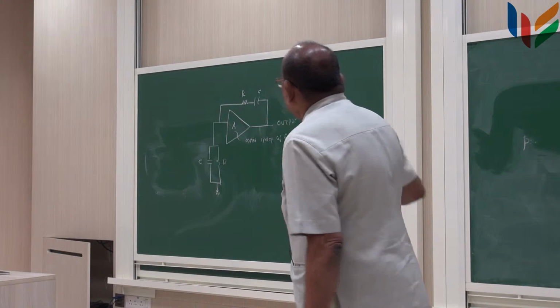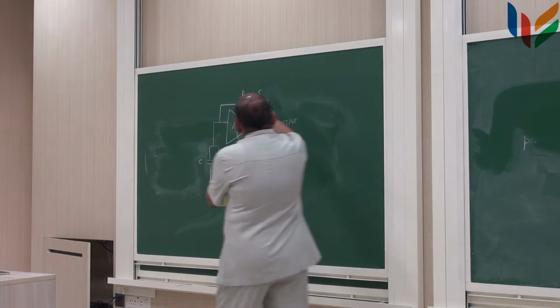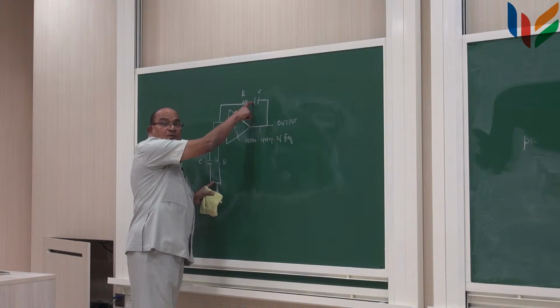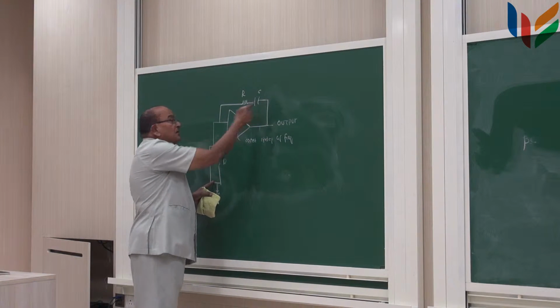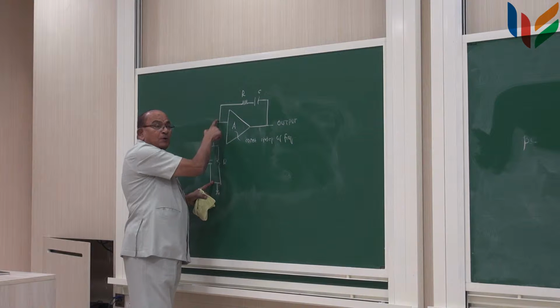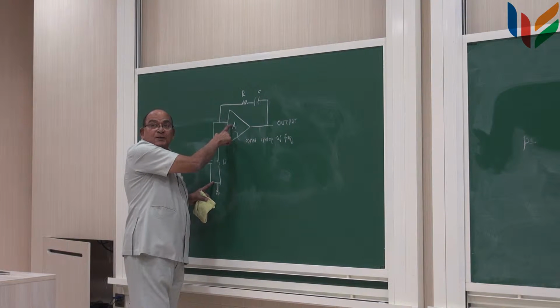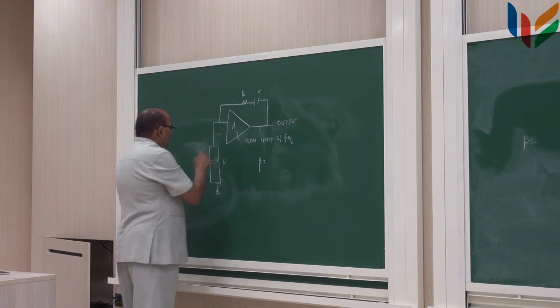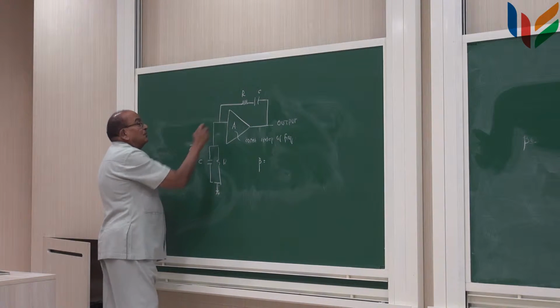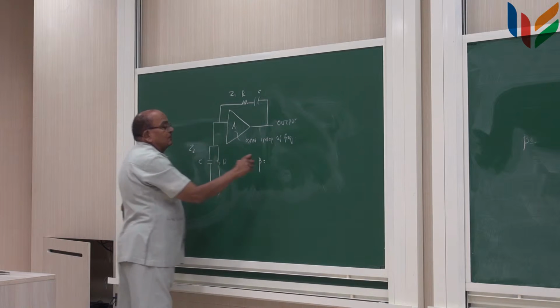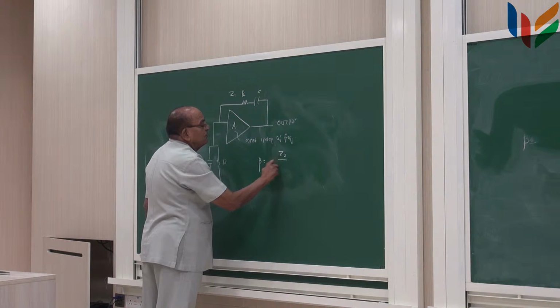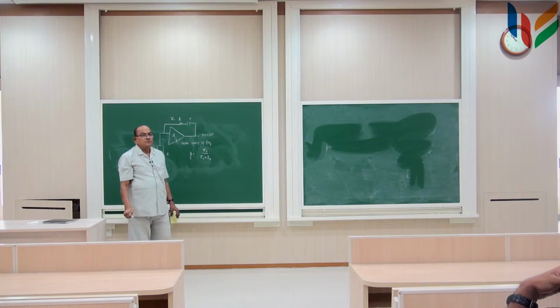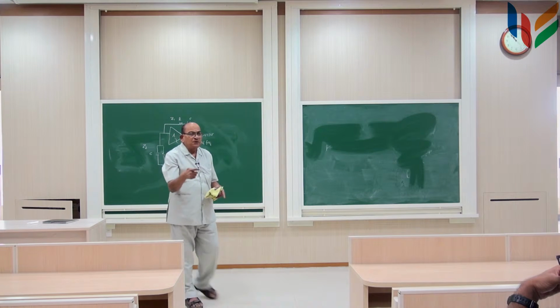The feedback network corresponds to this and this, because V0 is applied here and this voltage is tapped out to feed into the amplifier here. So beta comes out to be, if you call this Z2 and this Z1, Z2 by Z1 plus Z2, by potential division.